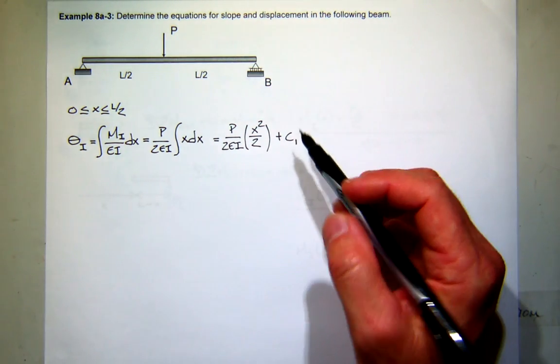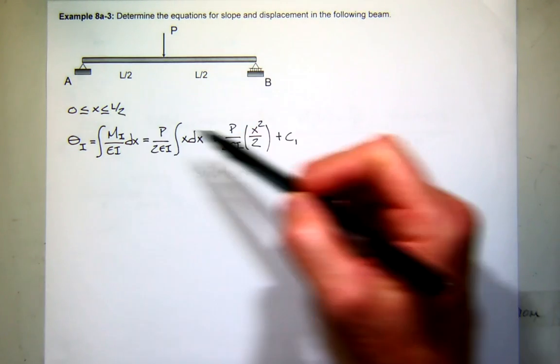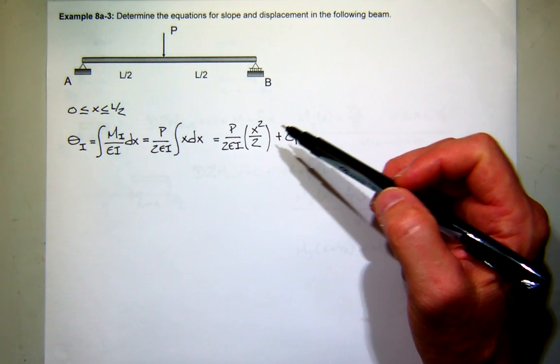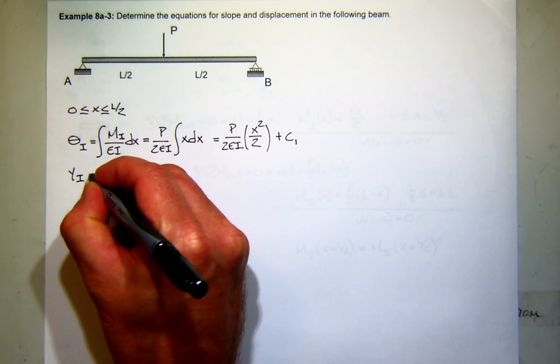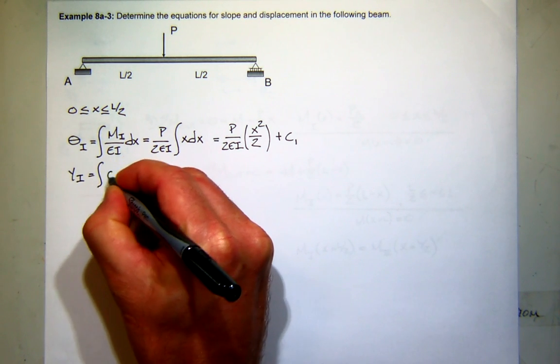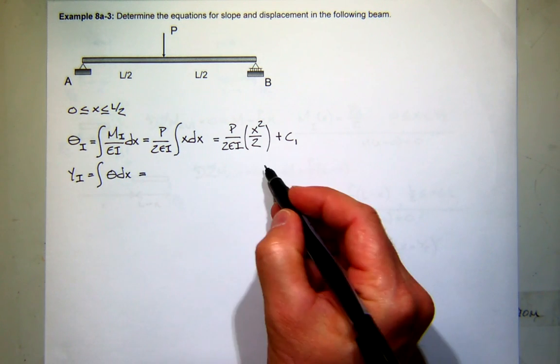My objective here is not to show you how to solve this problem, but how to solve one of these problems in general. Okay, so now the displacement in the first section is the integral of the slope. So I just integrate that.